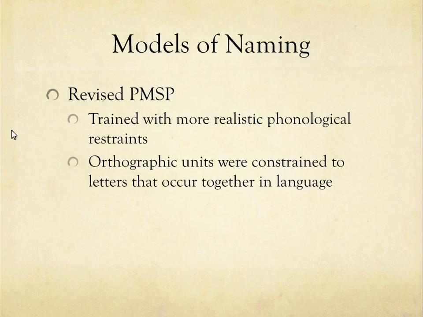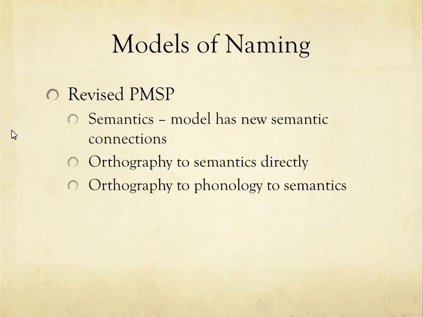And so what they did was train the model differently, with more of a realistic phonological constraint. The orthographic units were constrained to letters that occur together in language. So instead of just single letters, they focused more on bigrams, combinations of letters that would occur together. You would never get QP together, that sort of thing.